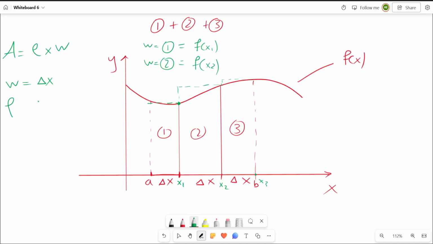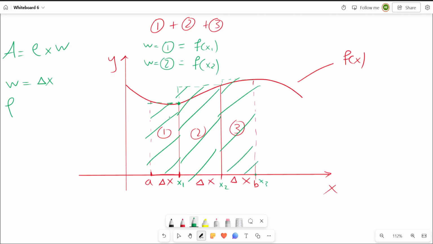Then we can multiply each width with the length to get the area for rectangle 1, rectangle 2, and rectangle 3. So when we calculate, we end up with these areas over here, and for rectangle 3, it's this area.